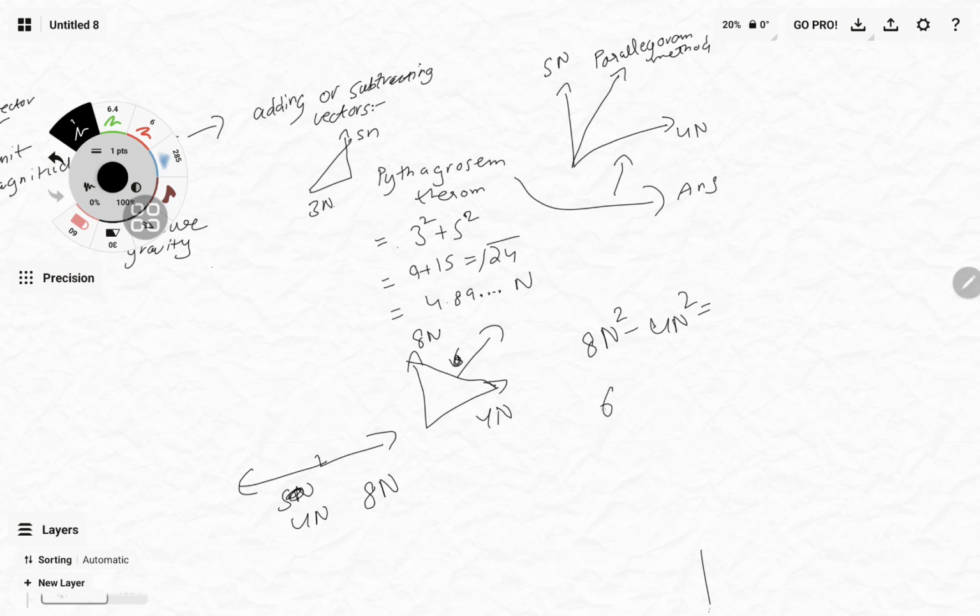So we have 8 Newton squared minus 4 Newton squared, so 64 Newton minus 16 Newton, which is 48.